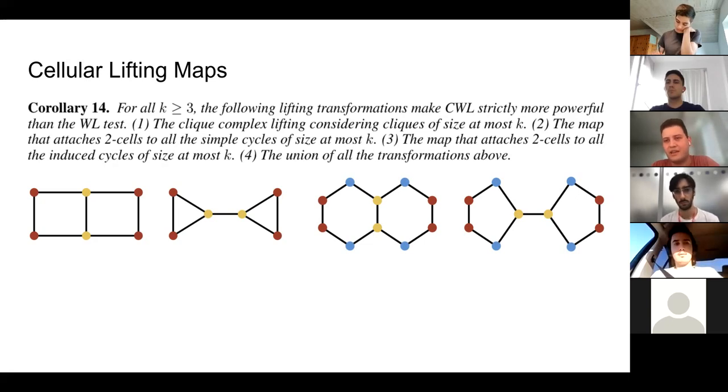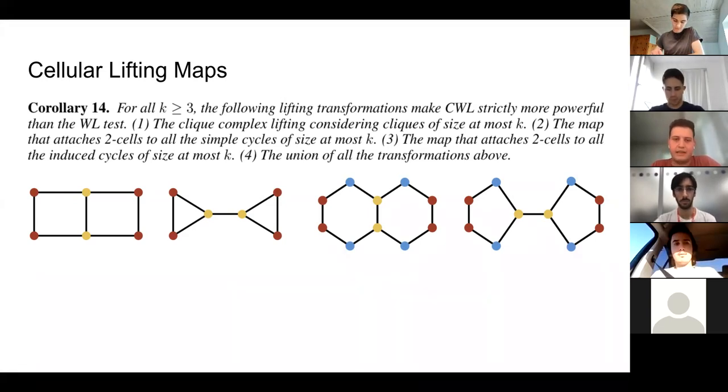Cliques are very common in social networks, but they're not so present in molecules. So for instance, the clique complex lifting would not help you at all to distinguish the 2 graphs on the right because there are no cliques there. But an induced cycle-based lifting would definitely allow you to, because you have induced cycles of different sizes, and CWL will, it can be shown, immediately recognize they are of different sizes.